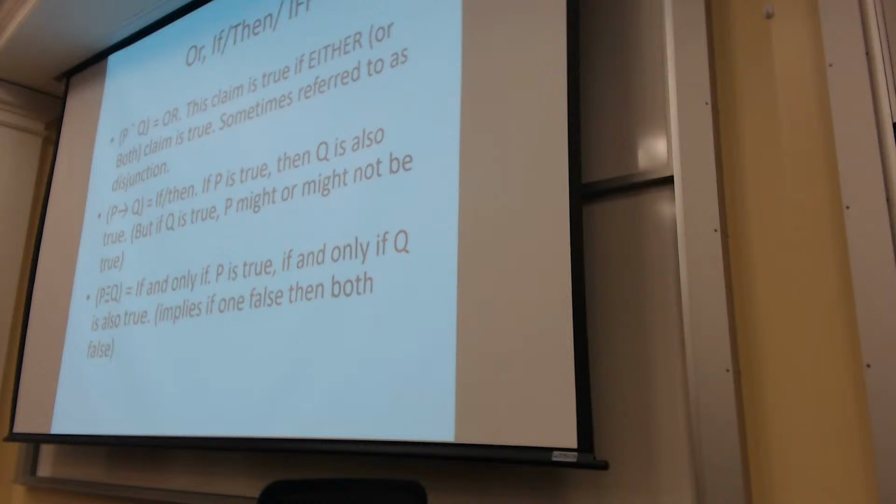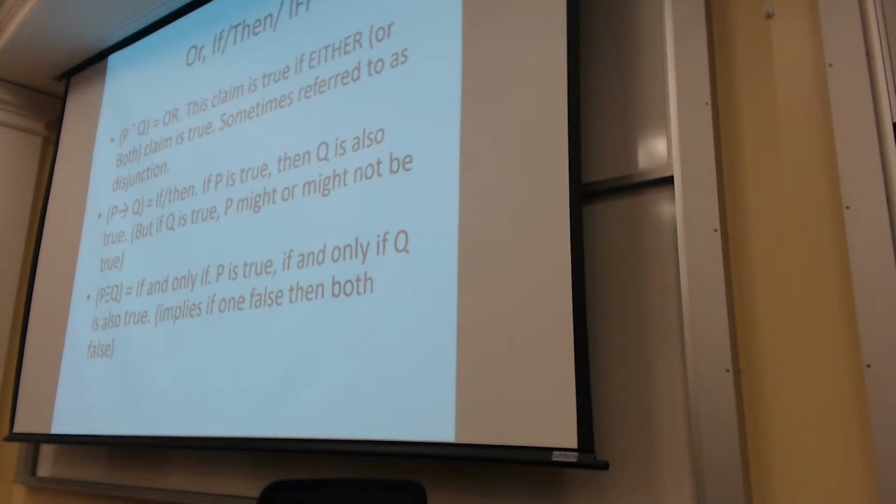Probably the absolute best way to remember what the or means is, and I'd write this down, at least one. So when I say either P or Q, what I mean is at least one of these two are true. The left side might be true, the right side might be true, or what will confuse you most is it's still true if both sides are true.